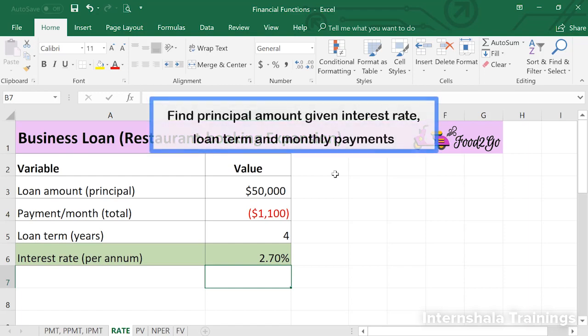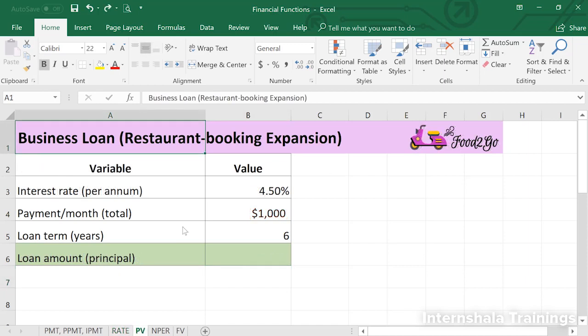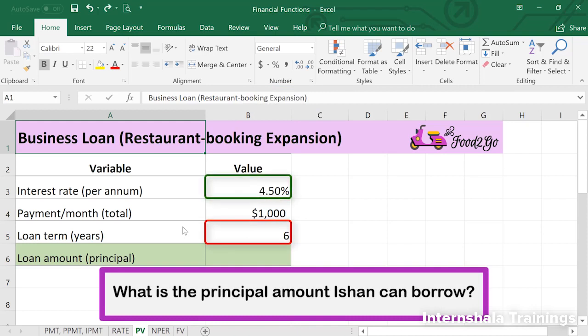Now, Ishan's search for a suitable loan is proving a bit challenging. He decides to change his strategy by figuring out how much he is able to borrow under a specified interest rate and loan term. He decides to set aside some money for a rainy day and is now willing to fork out $1,000 in monthly payments. We can use the PV function to find out how much Ishan can borrow if he takes out a loan for 6 years at an interest rate of 4.5% per annum and makes monthly payments of $1,000 towards it.